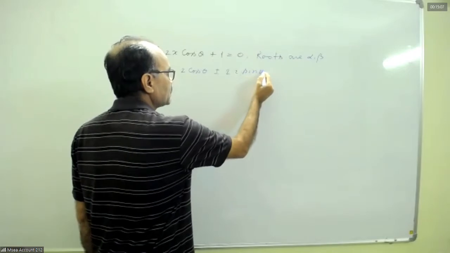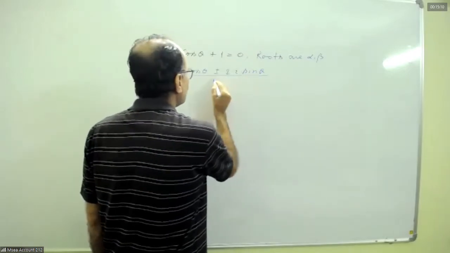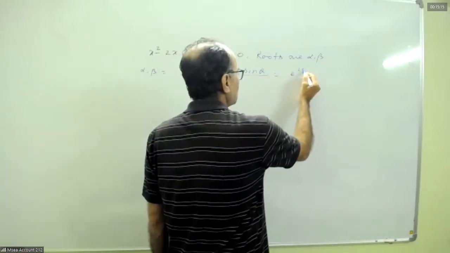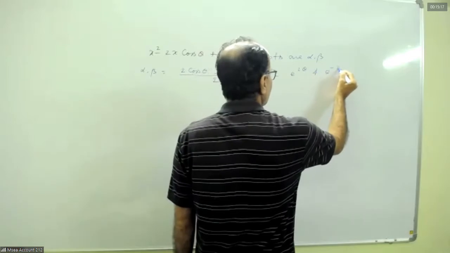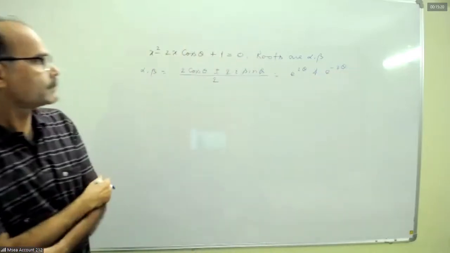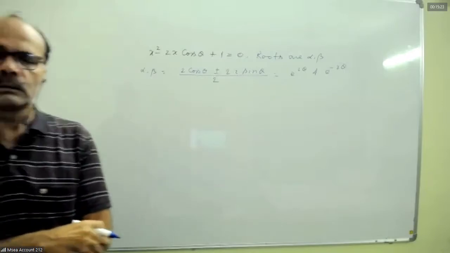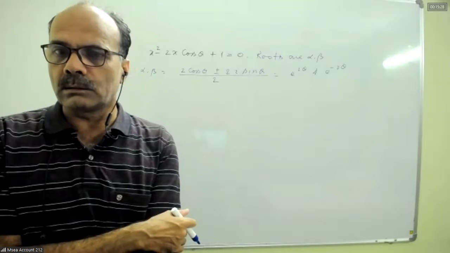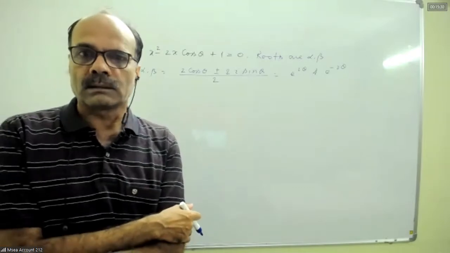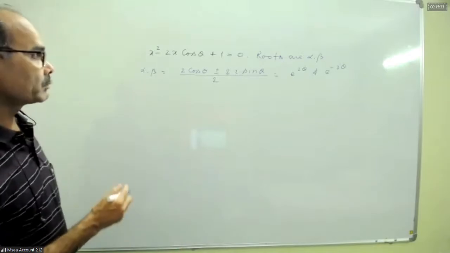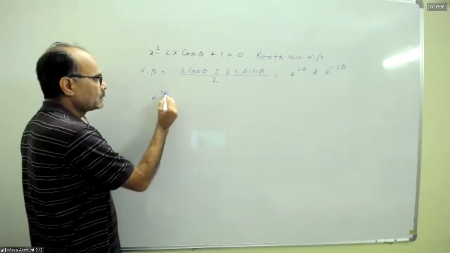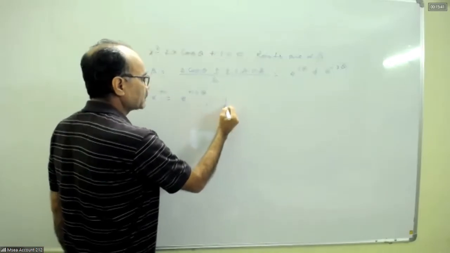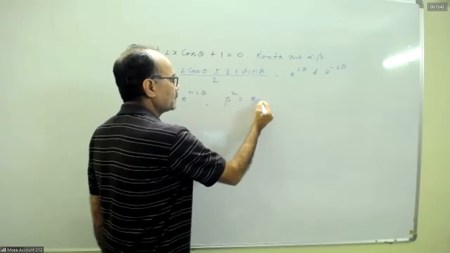Once you check the calculation, is it correct? Equals e to the power i theta and e to the power minus i theta. Can I say it? Roots are e to the power i theta and e to the power minus i theta. So what will be alpha to the power n? e to the power n i theta, and beta to the power n, e to the power minus n i theta.